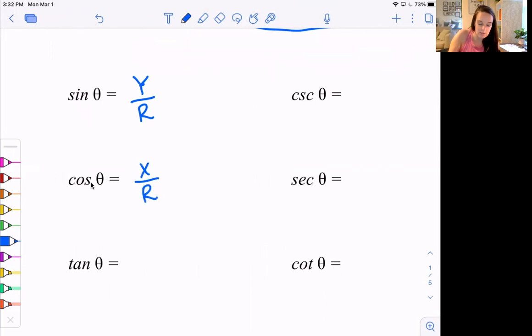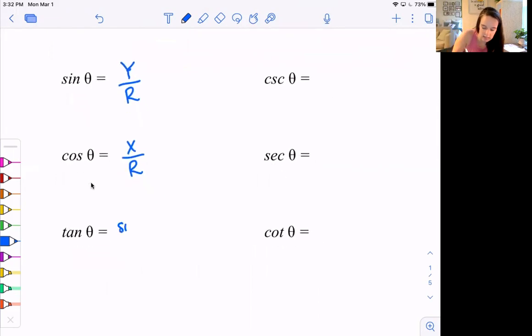And tangent, we didn't really talk about this too much, but tangent is sine theta over cosine theta. It's the relationship between sine and cosine, which really means it's going to be y over r divided by x over r, which when you actually do that division, you end up getting y over x.